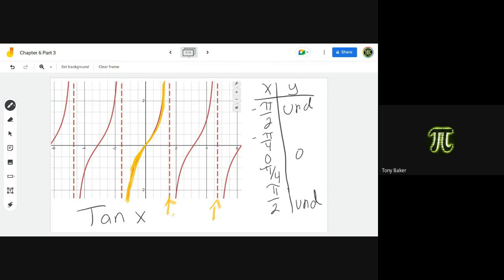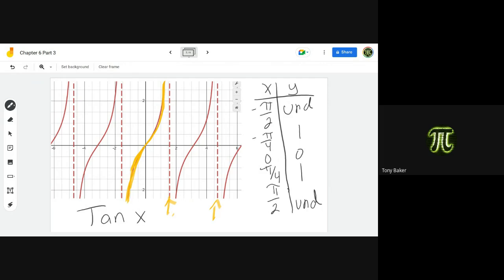All right, look back at your notes from Thursday. Look at the unit circle. Look at pi over 4. What do you notice about sine and cosine at pi over 4? They're the same. So if I'm dividing them, what's tangent going to be? 1. So at negative pi over 4 and pi over 4, tangent is 1.